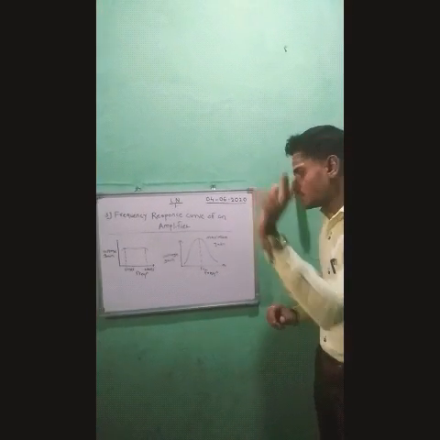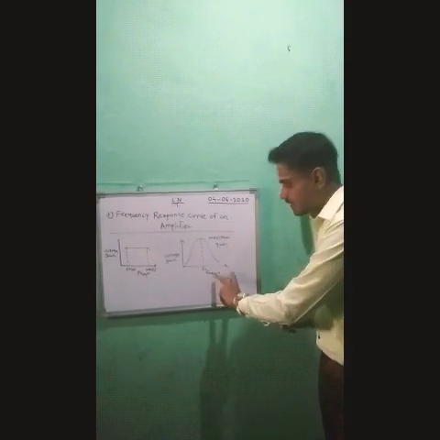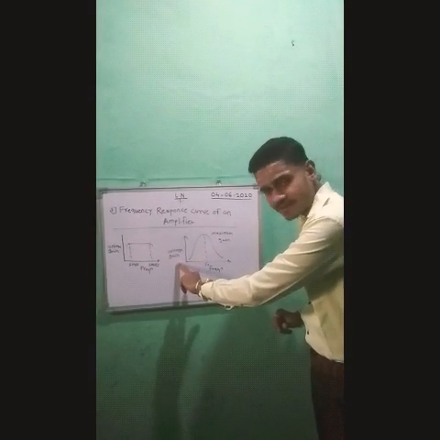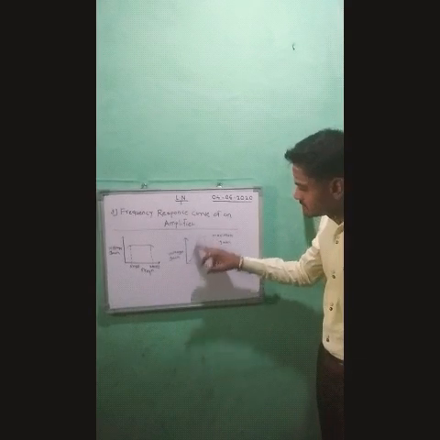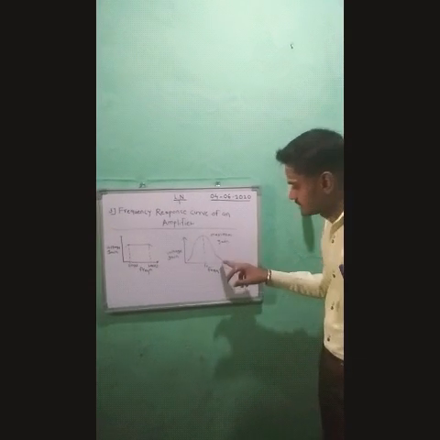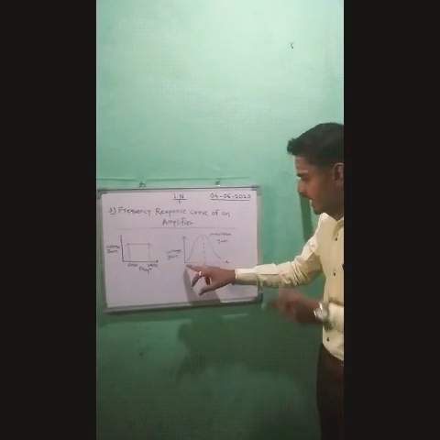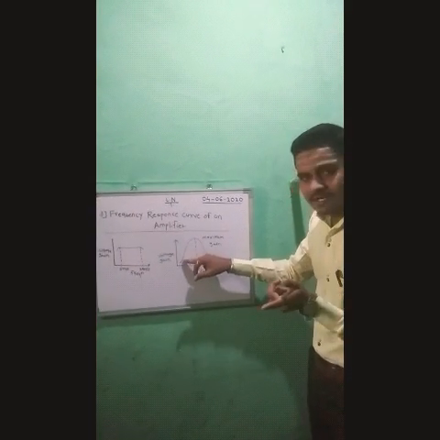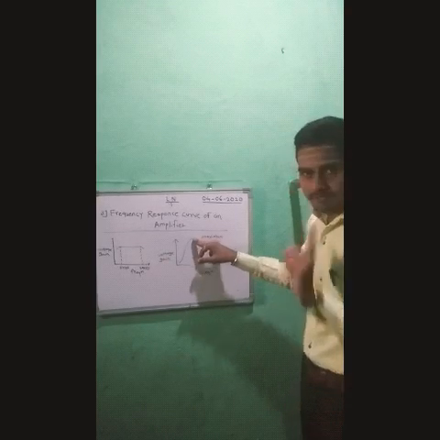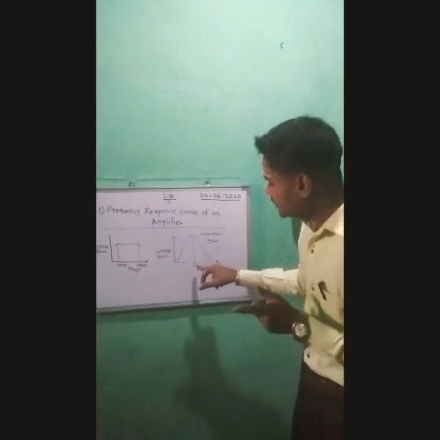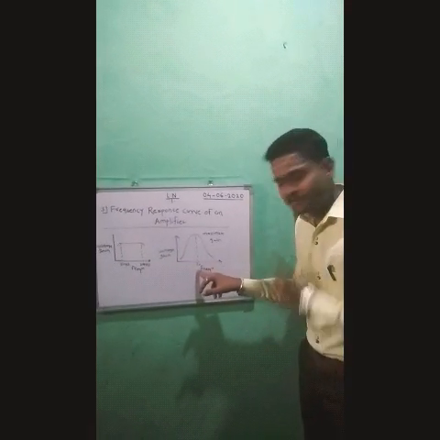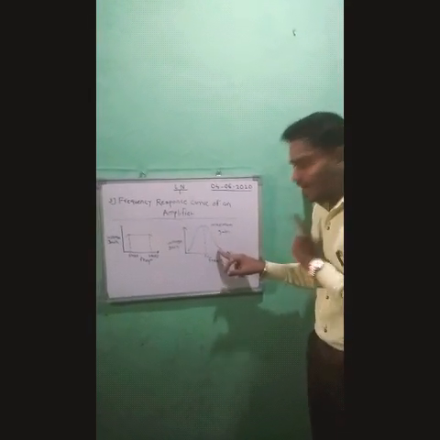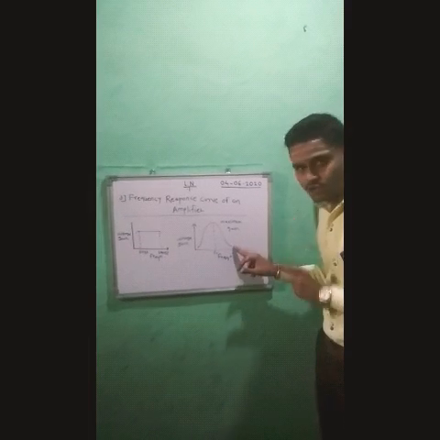But in the second diagram, with frequency on the x-axis and voltage gain on the y-axis, the gain increases and after that it decreases. As the frequency increases, the voltage gain increases up to a particular frequency, and after that the voltage gain decreases and attains 0, that is, the minimum.